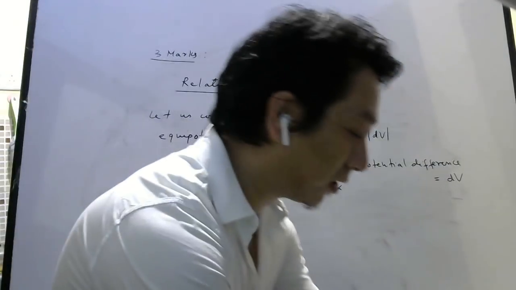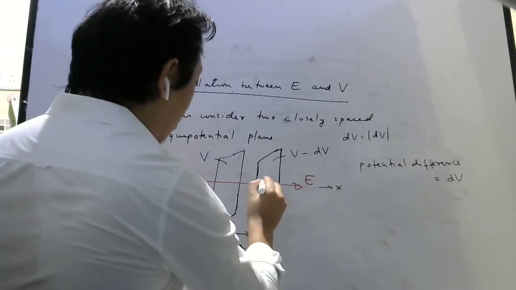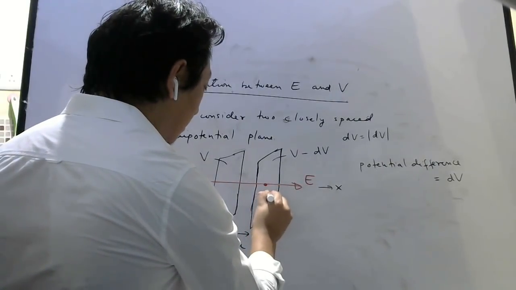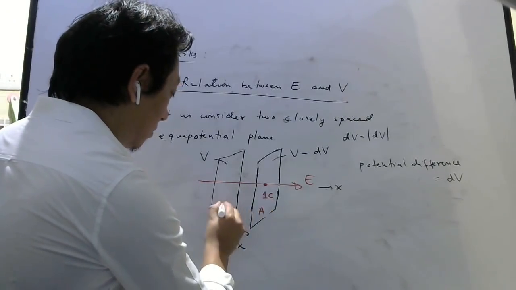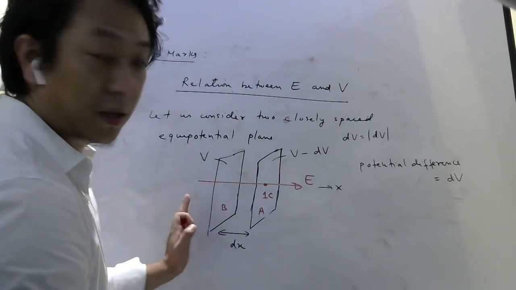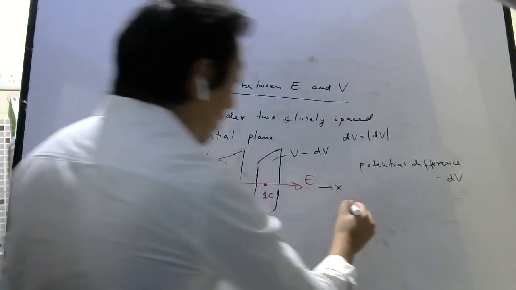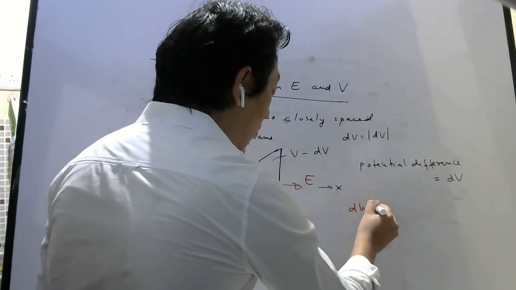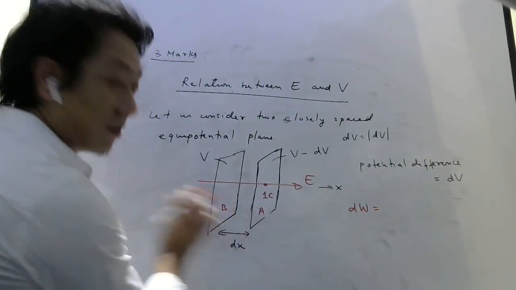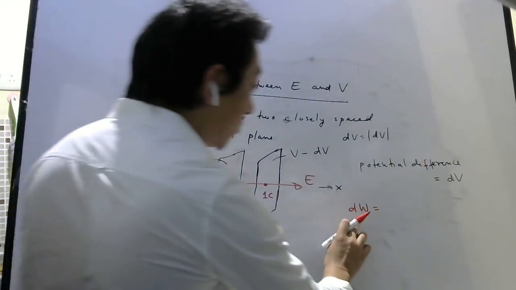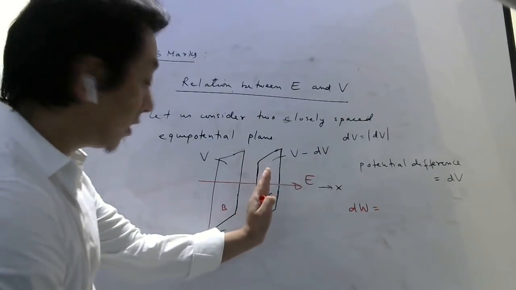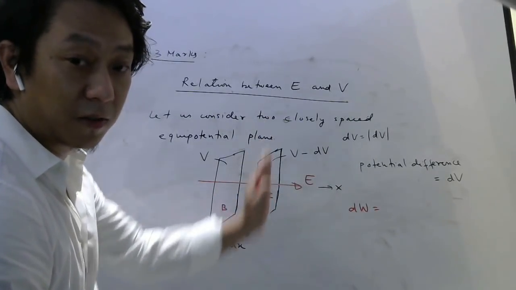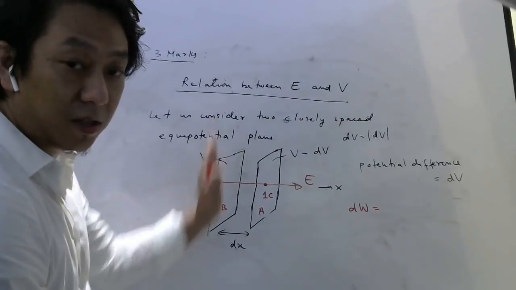Okay, now look carefully. Suppose I move 1 coulomb charge from here to here, from this surface to this surface, from A to B, against the electric field, then the work done will be dW. Why dW? Because I am saying this distance is very small. So dW is the work done to move 1 coulomb charge from point A, which is on this surface, to point B, which is on this surface.